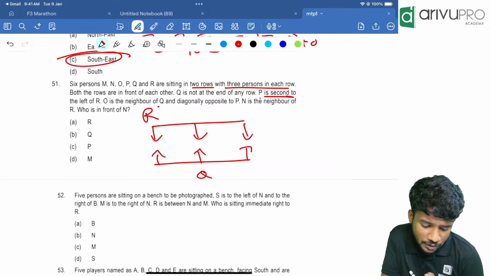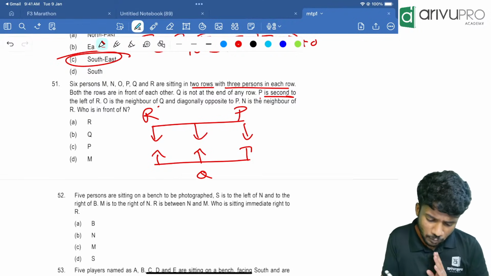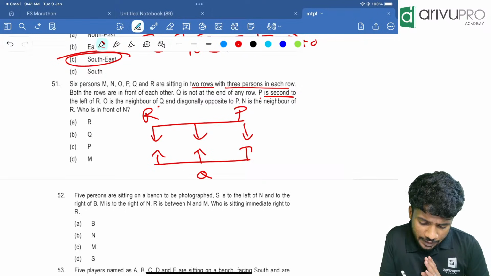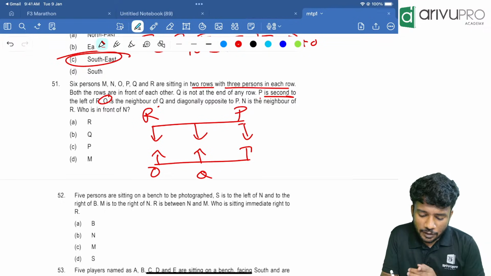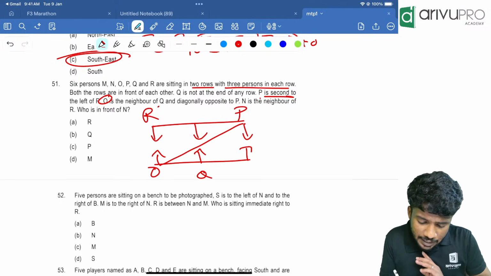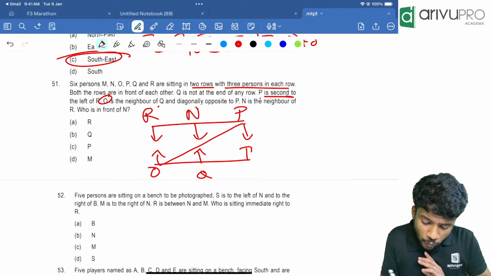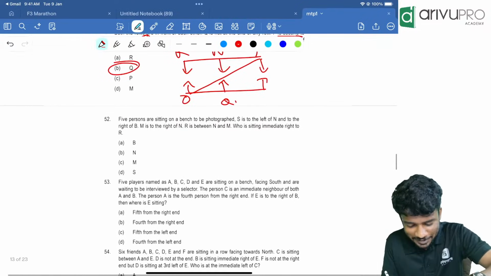P is second to the left of R, so P is over here. Correct? Then what is given? O is a neighbor of Q and diagonally opposite to P. Correct? Then what is given? N is a neighbor of R and who is in front of N? Answer is nothing but Q. Option B is your answer.